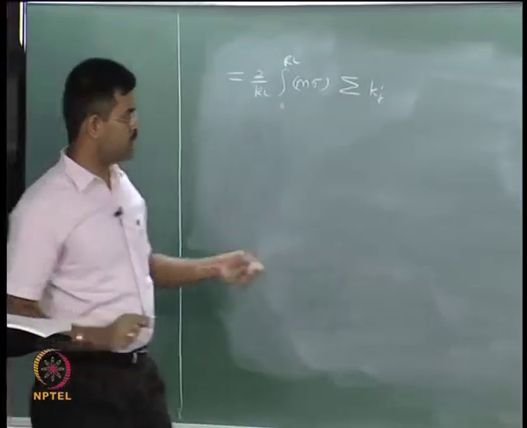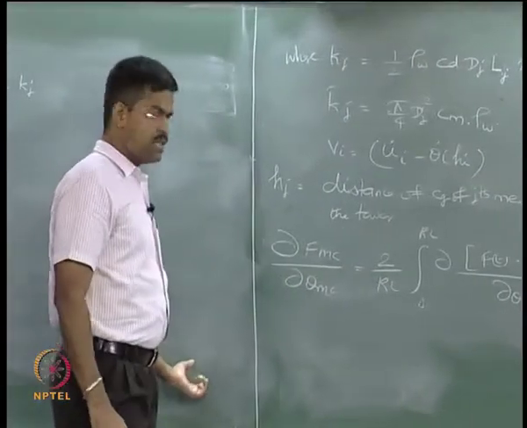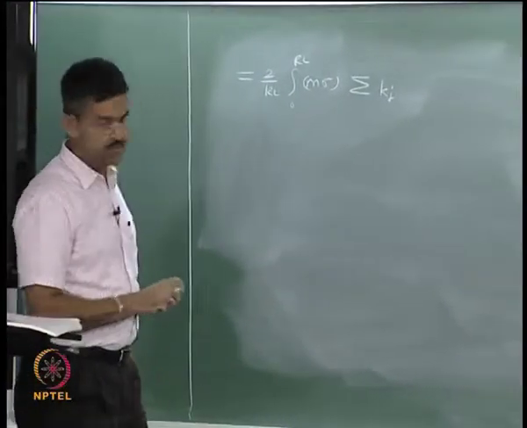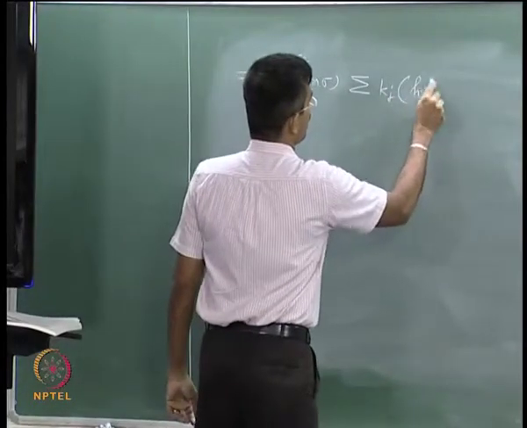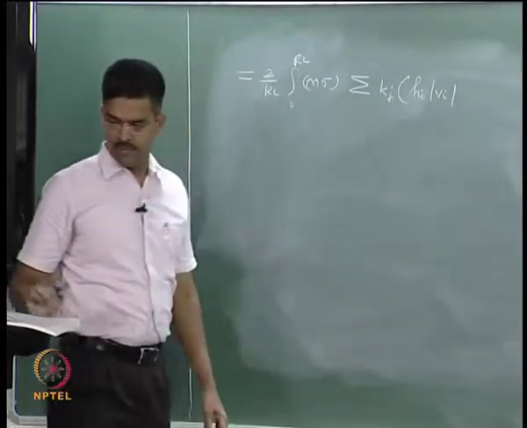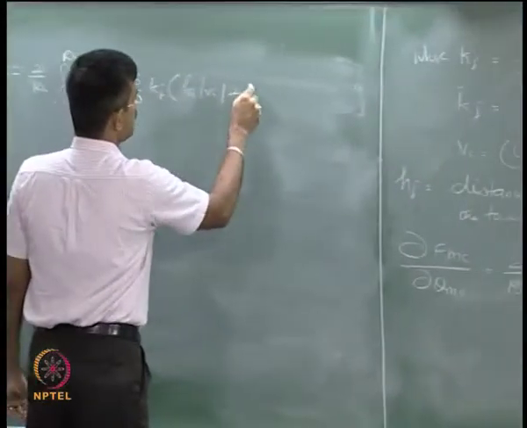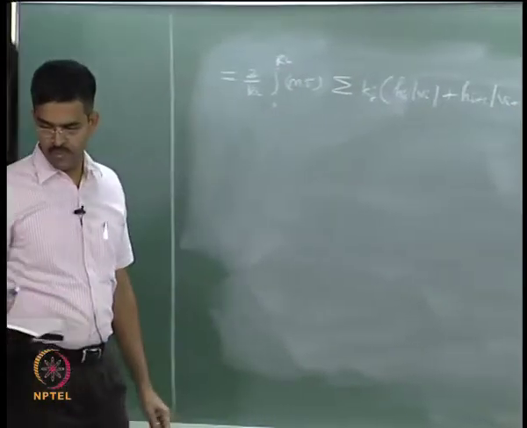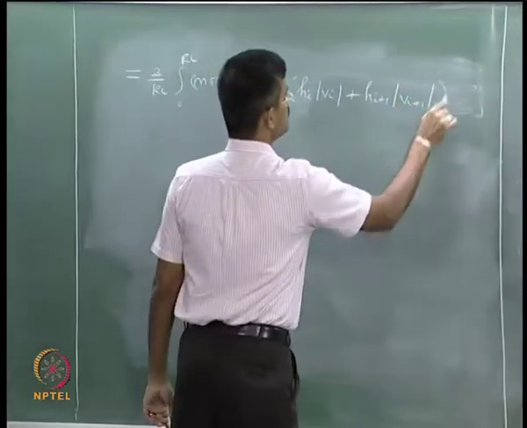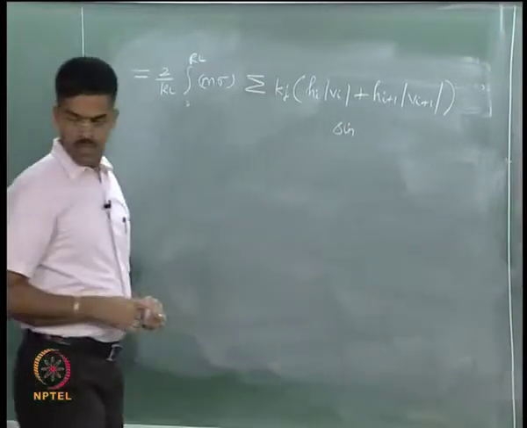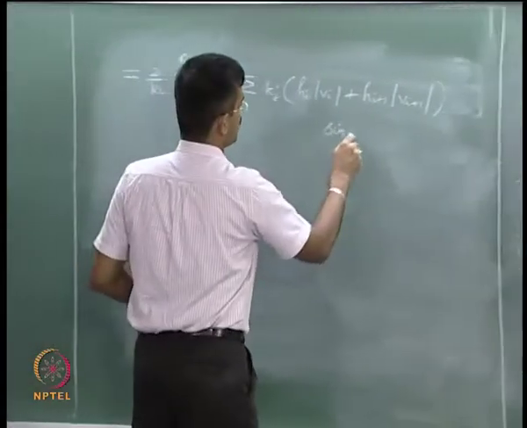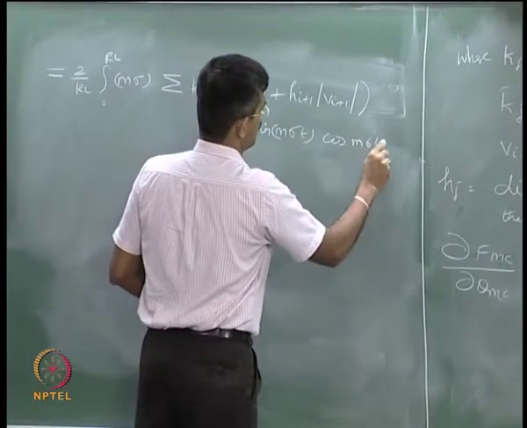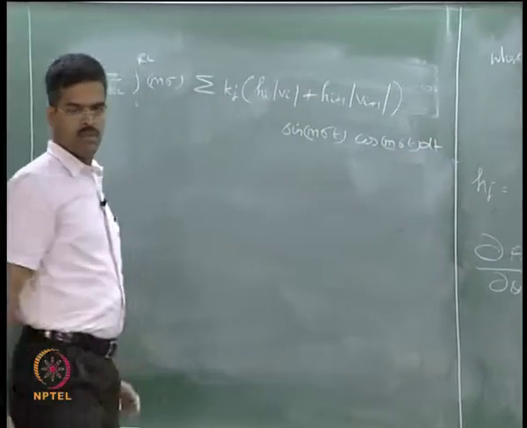I am just putting f of t, the equation which I wrote earlier, 28, back into f of t here, summation of kj hi vi plus hi plus 1 vi plus 1 of sin m sigma, that is the derivative, cos m sigma t dt. Is it okay?